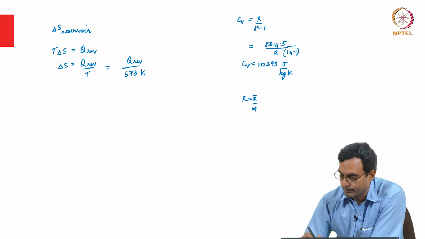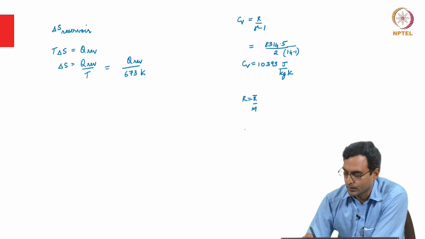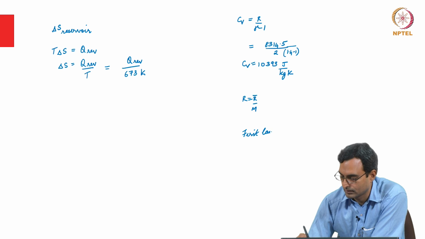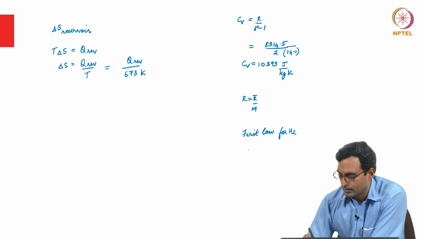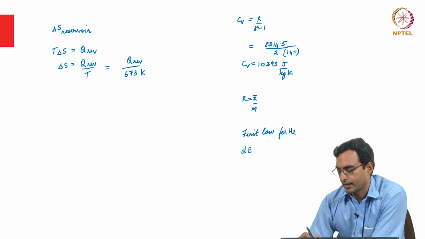So, the hydrogen is undergoing a constant volume process. We can write the first law for the hydrogen. From the first law we have dE. In this case there is no change in kinetic and potential energy.